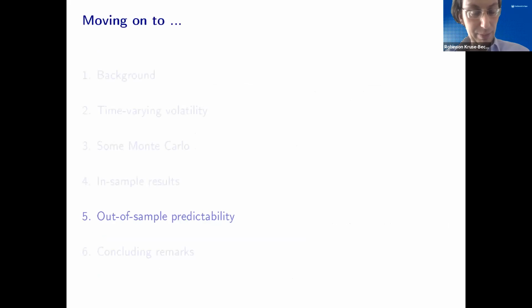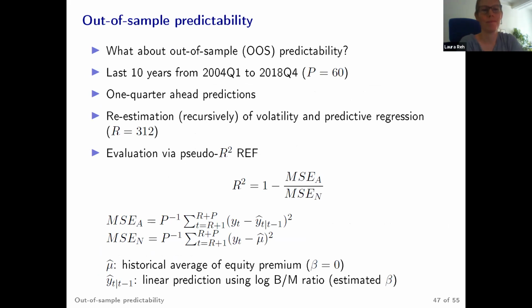What about out of sample predictability? I hope I have the minutes for that. So we take the period from 2004 to 2018, 60 quarters, we do one step ahead predictions and do what is done in the literature. We take a naive approach where the beta is equal to 0.